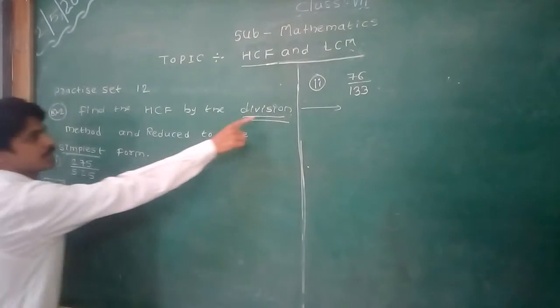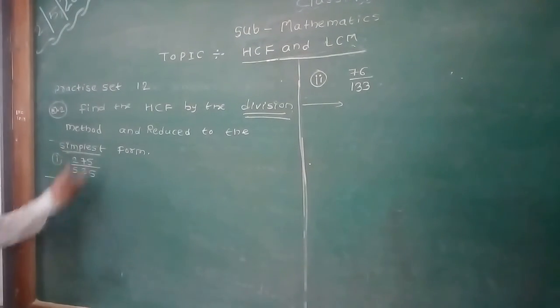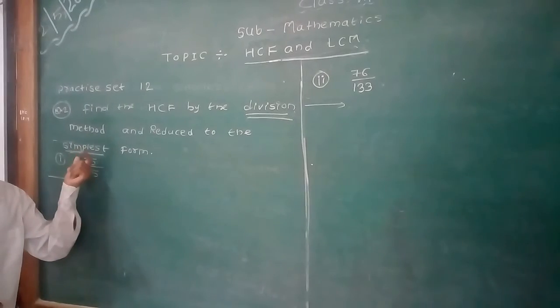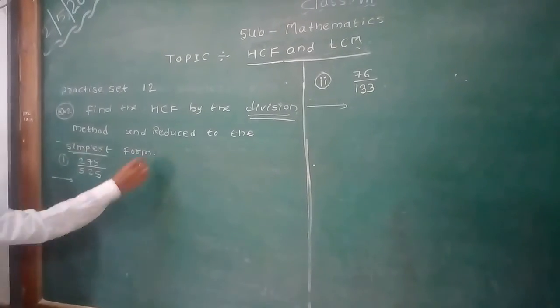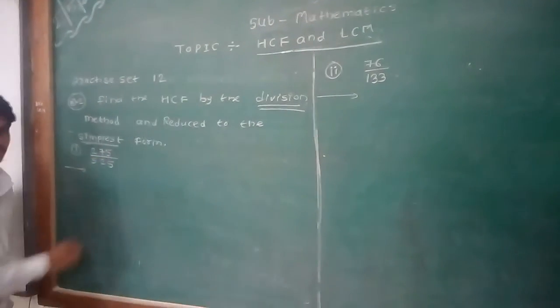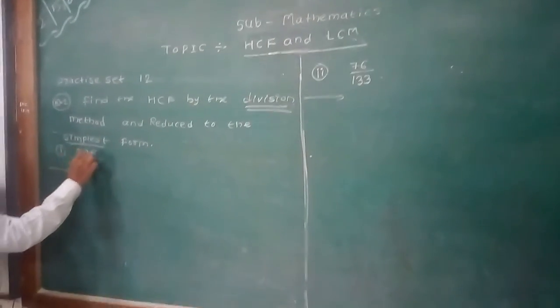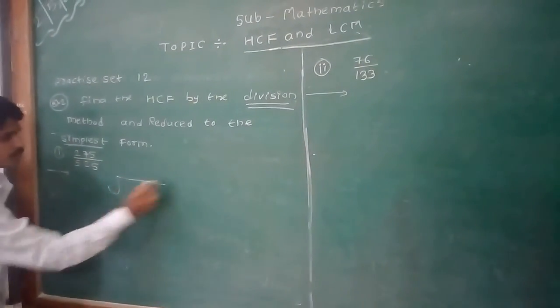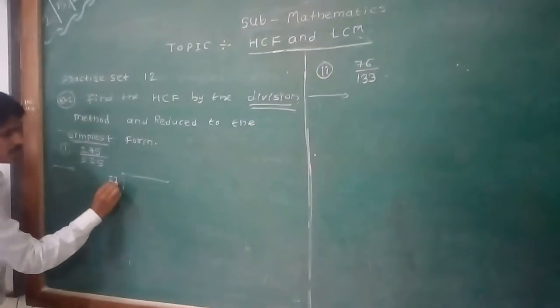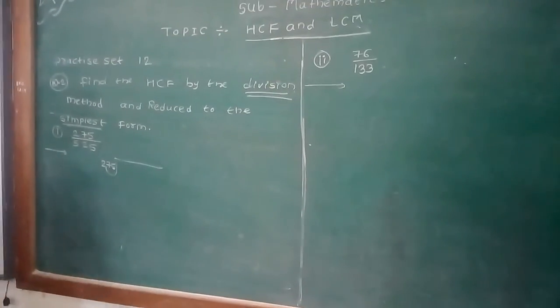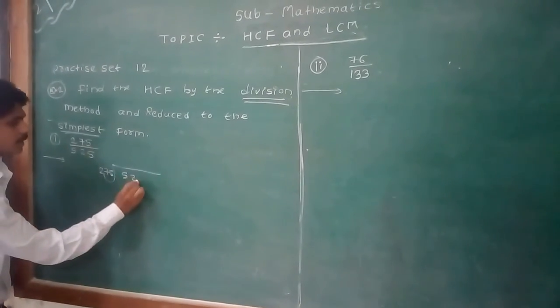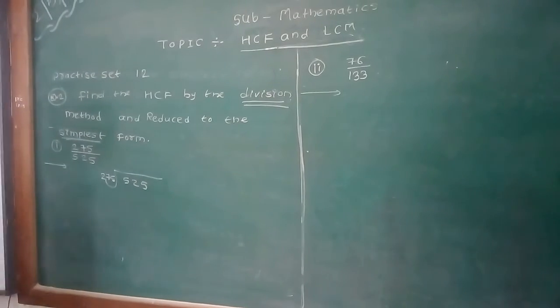Use the division method to find the HCF, that is the greatest common factor. In these two numbers, the smaller number is 275 and the bigger number is 525.